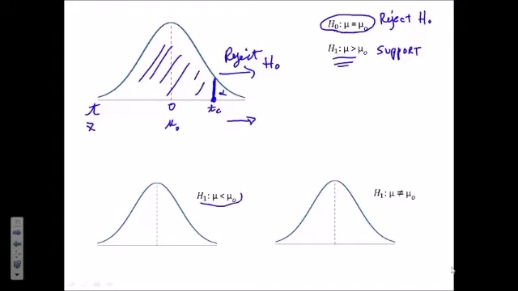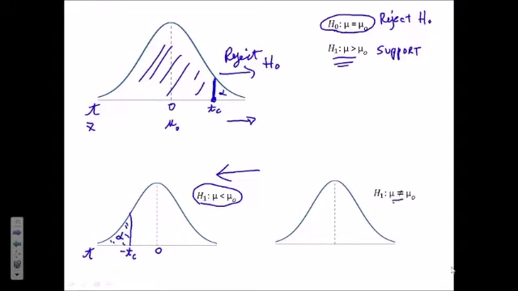Similarly, for H1 mu less than mu naught, think of the less than sign as an arrow pointing to the left. That tells us it's going to be a left tail test, where alpha would be on the left side. This is minus T critical, and we need to find the critical value of T to do the test.